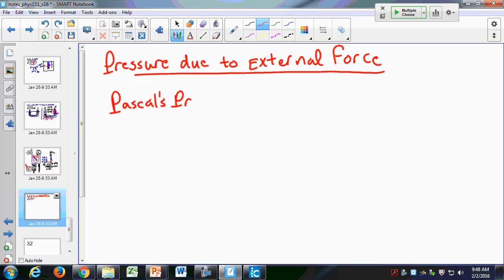And Pascal's Principle says that if you have a pressure at any one point in an incompressible fluid, then that pressure is felt all the way throughout. So first of all, it only applies to incompressible fluids. That just means that you can't compress them, or you can't make them smaller. If they have a certain volume, that volume is fixed. Remember, fluids include gases and liquids.